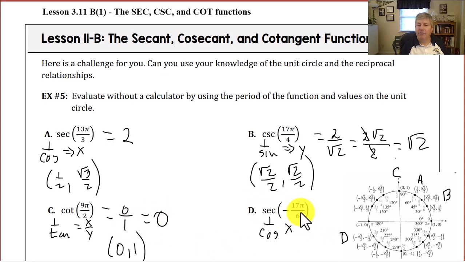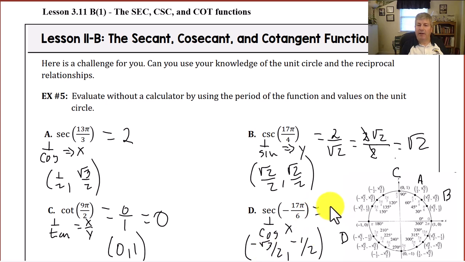And then finally for D, we're going to rotate in the negative direction. Negative 17 pi over 6 lands us in the third quadrant at point D. It lands us at the ordered pair negative square root of 3 over 2, negative 1/2. So we want the reciprocal of the x value.